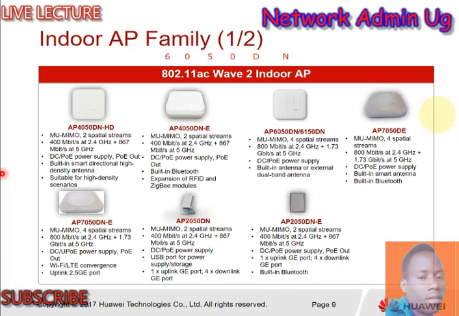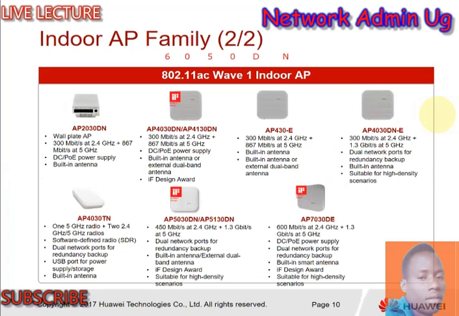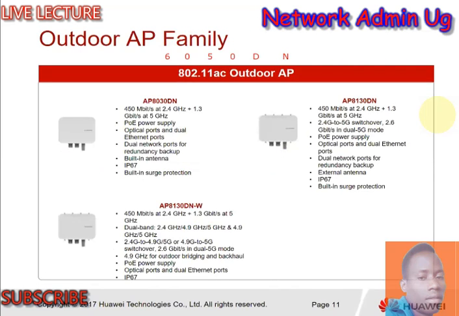And then the 6050 is mainly recommended for businesses out there. There are other access points depending on the specification and also the amount of money that you're willing to spend on your network. And also, most of these support eSight, which is a very good application for the wireless network.